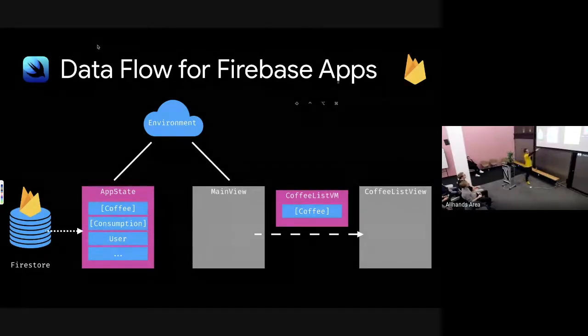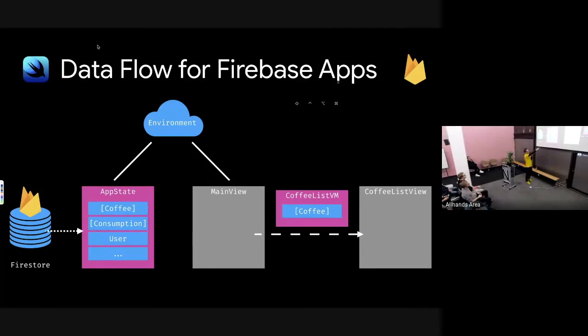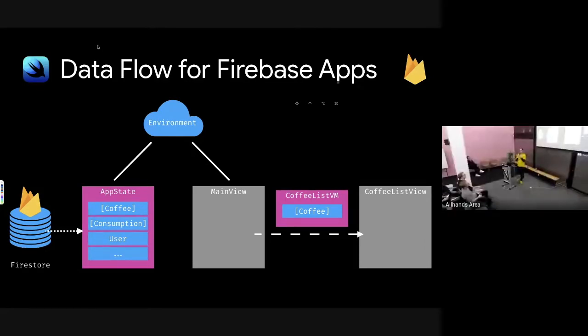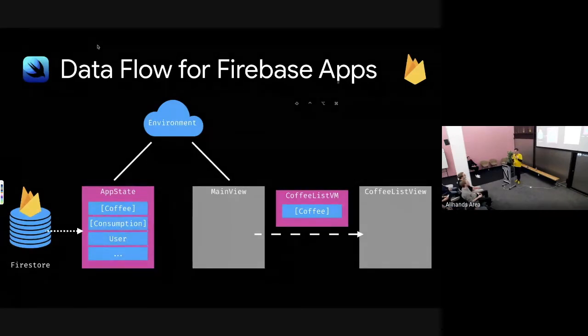The main view refers to that, and then the main view will pull information from the environment and then assemble it into view models that it will then pass on to its subviews. We do this because it is much more manageable to have things and data and actions encapsulated in view models than instead of having your views reach back into your environment and pull stuff down from there. So it's basically just to make things more manageable and also more testable.